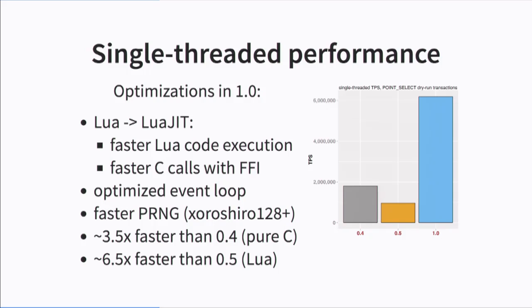So all those issues have been resolved by moving to a bundled random numbers generator. As a result, the new sysbench is 3.5 times faster than sysbench written in C, and about 6.5 times faster than sysbench with interpreted Lua.